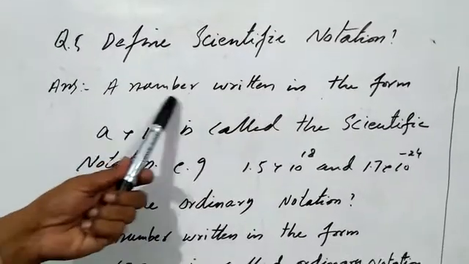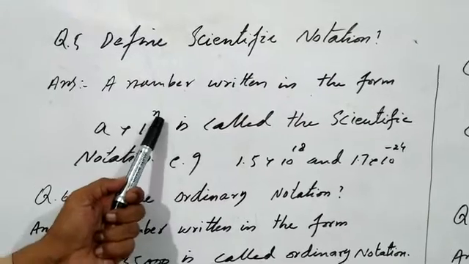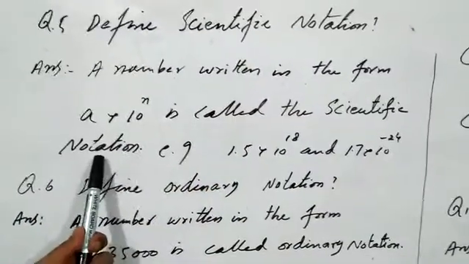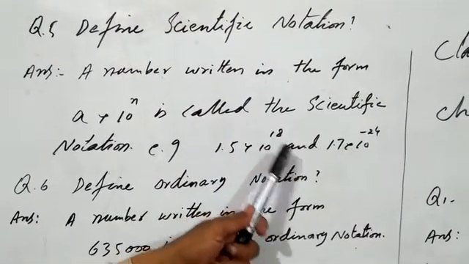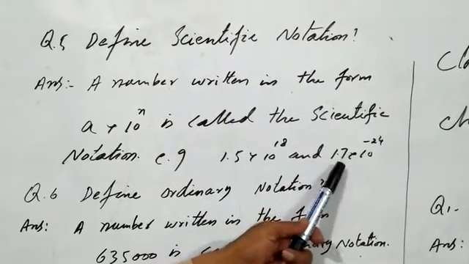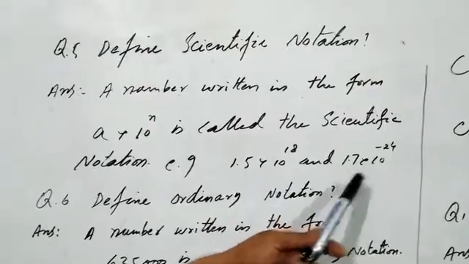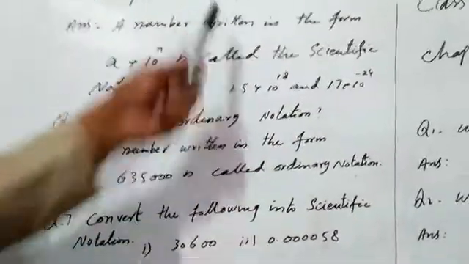Answer is a number written in the form a multiplied by 10 power n is called scientific notation. For example, 1.5 multiplied by 10 power 18 and 1.7 multiplied by 10 to the power minus 24. So this form of number is known as scientific notation.